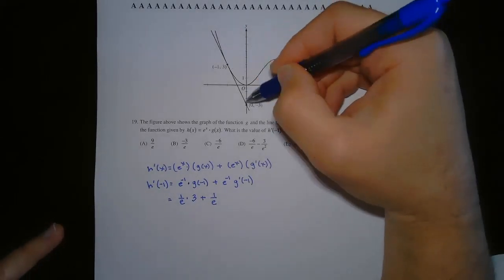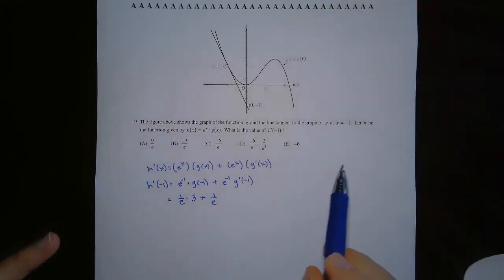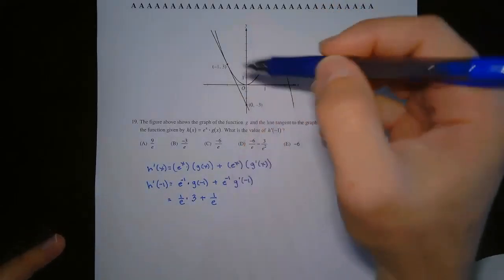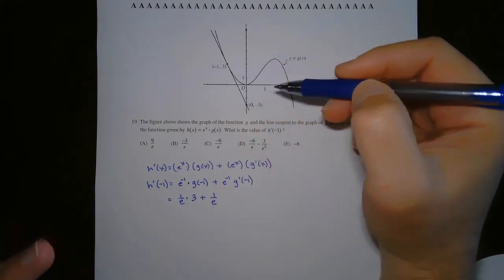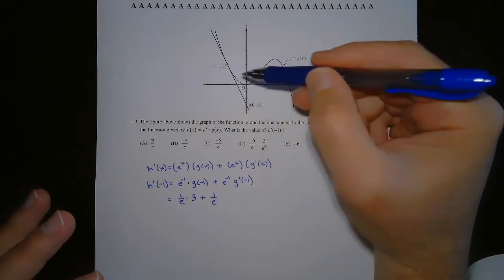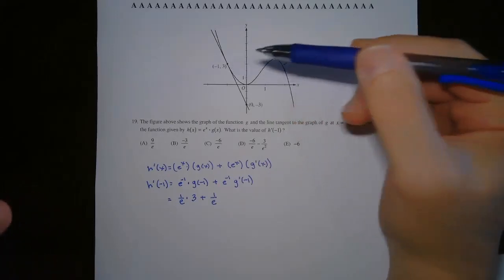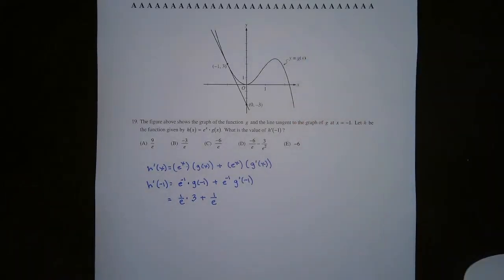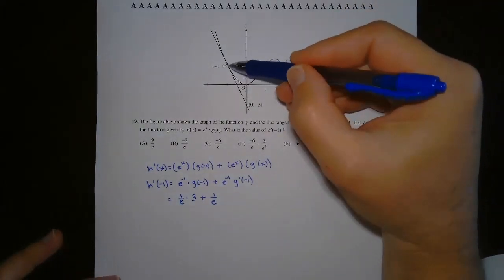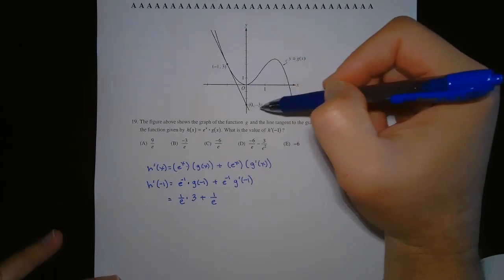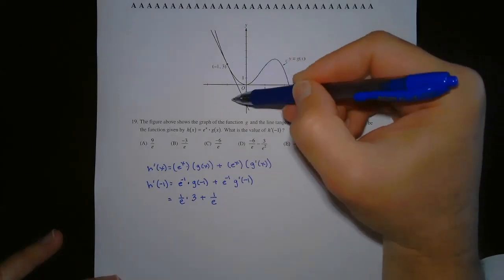So we can find the slope of this tangent line, and that is equivalent to the value of g prime of -1. We're going from a y value of 3 to a y value of -3, a decrease of 6.